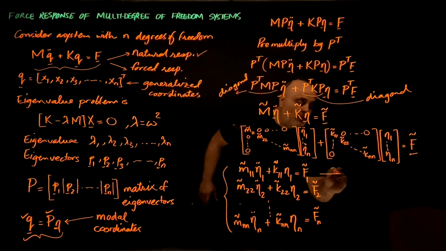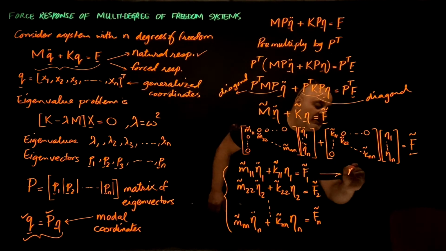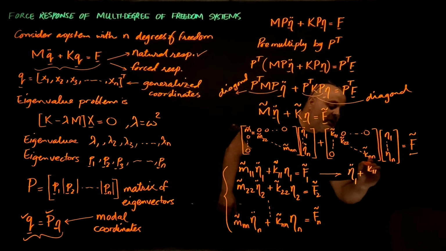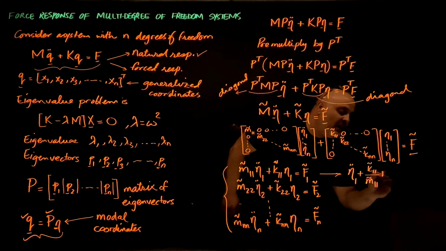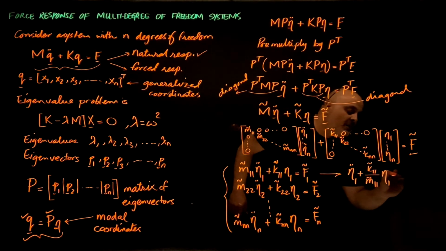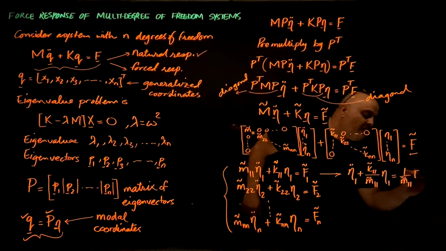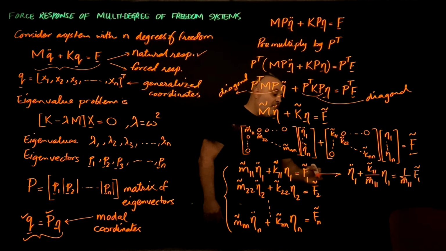For example, if you normalize equation 1, divide by M11 tilde, you'll get eta 1 double dot plus K11 tilde divided by M11 tilde eta 1 equals 1 over M11 tilde times F1 tilde.